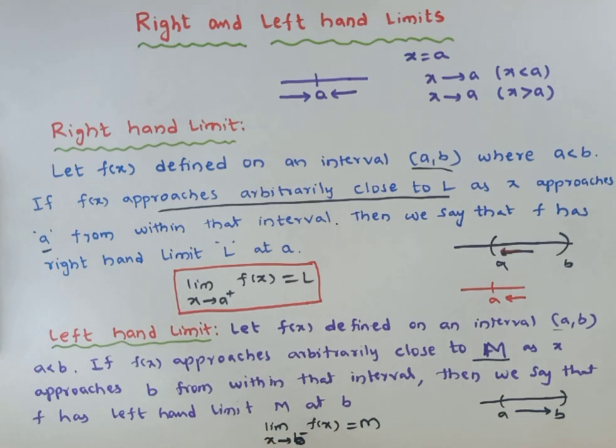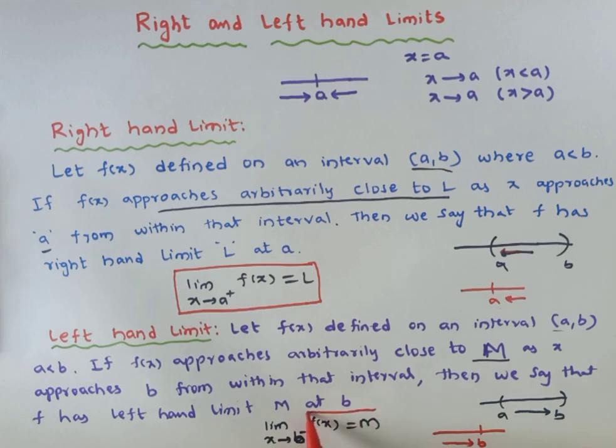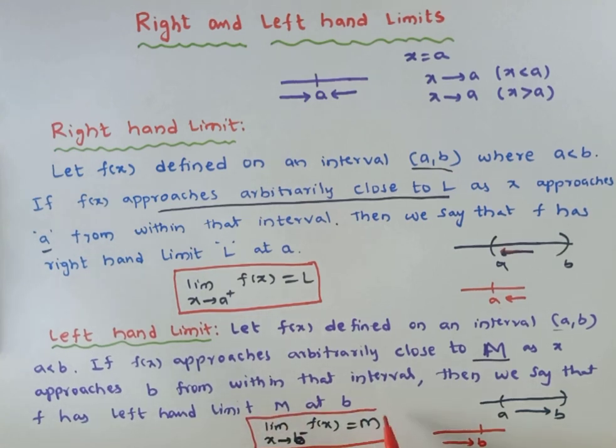Here also you can observe on the real line, this is our point b. As x goes to b from the left hand side, f of x approaches m, meaning the function f of x has a limit m when x approaches b from the left hand side.